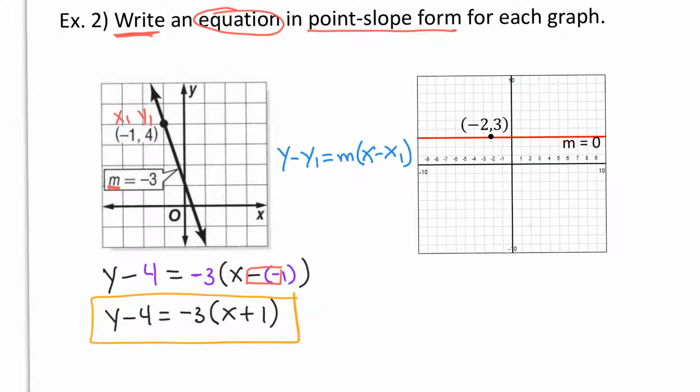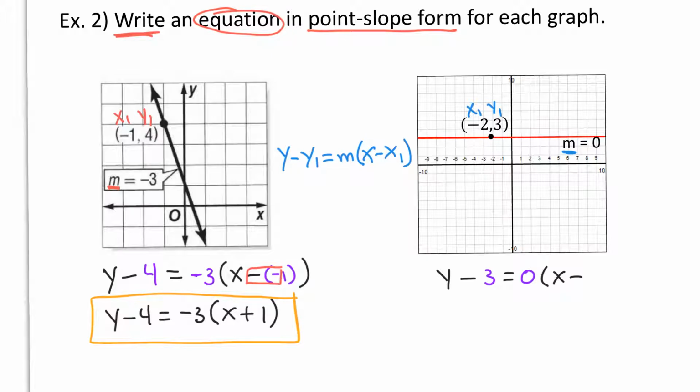So notice that my point is going to be x1 and my y1 goes here. My slope is 0, so that's going to make our life a lot easier. But I'm going to substitute into the formula. I have y minus y1, it's positive 3, so I just put a 3 right there, equals my slope is 0 times the quantity of x minus x1, and x1 is negative 2.